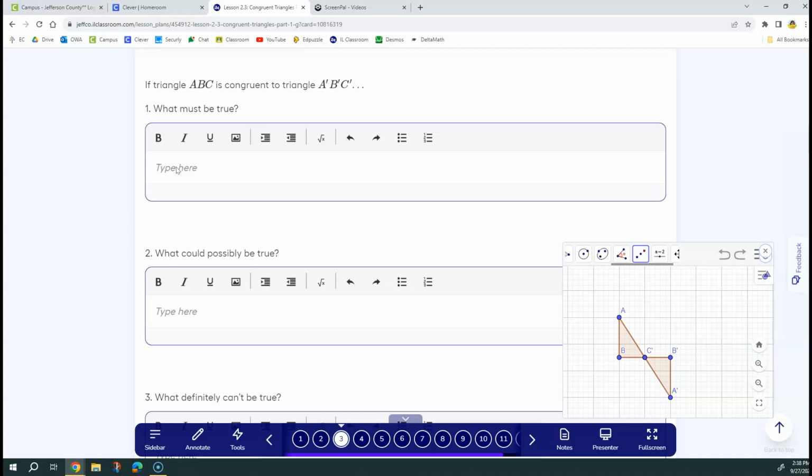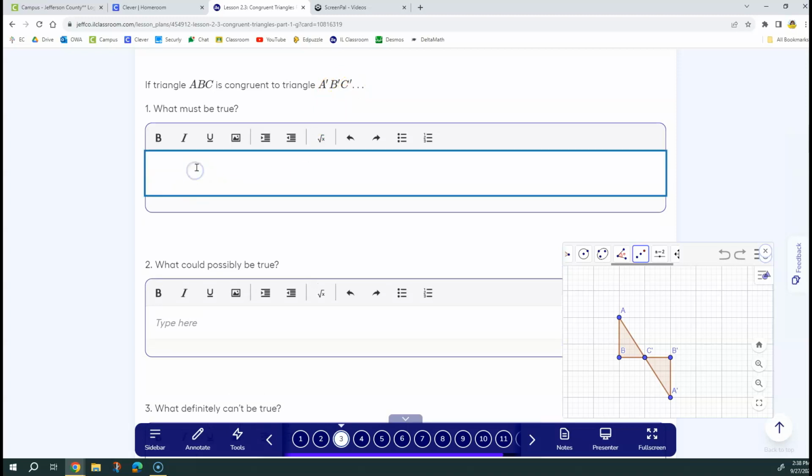You could rotate it. You could translate it. But that's what I did. So what must be true about those two triangles? It tells you right here, if triangle ABC is congruent to A prime, B prime, C prime, you know what the word congruent means. What must be true?